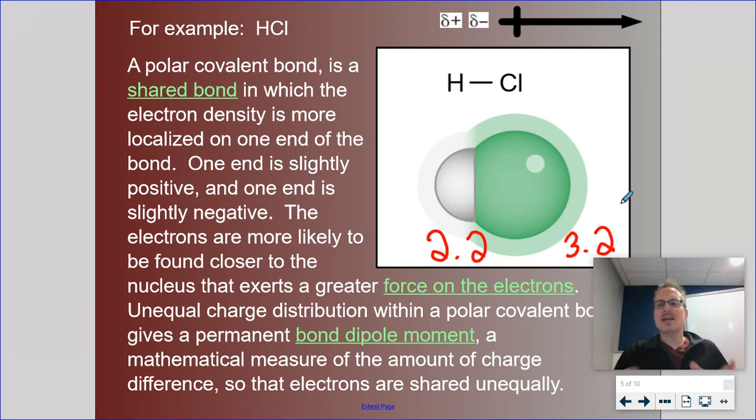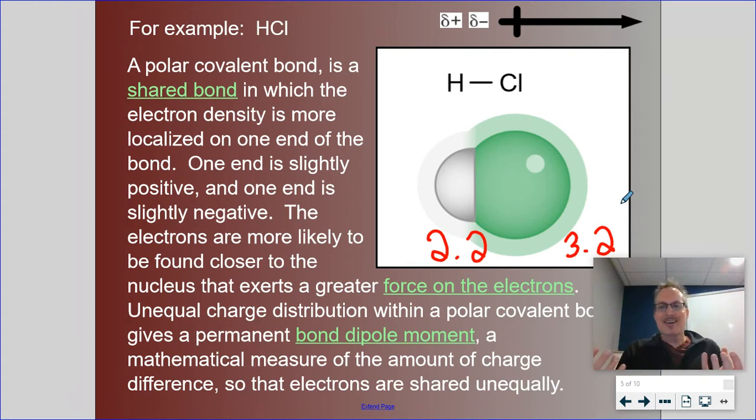That means chlorine is pulling harder, getting more of that bond. So instead of that bond being shared evenly, it's not. It looks more like an egg. Chlorine is pulling harder. Think of it like a game of tug of war. I'm on one end, I'm chlorine, pulling with a force of 3.2. My twin, Cameron, is on the other end, pulling with a force of 2.2.